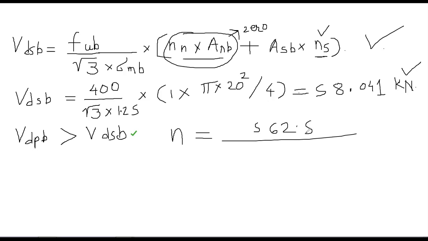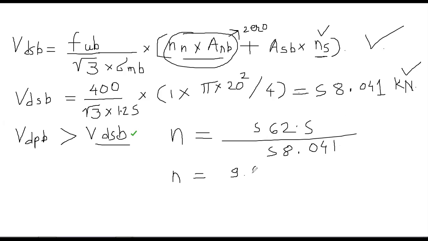Now 562.5 divided by the least value, that is VDSB, the smallest value of these two. Smallest value is this value, that is 58.041.